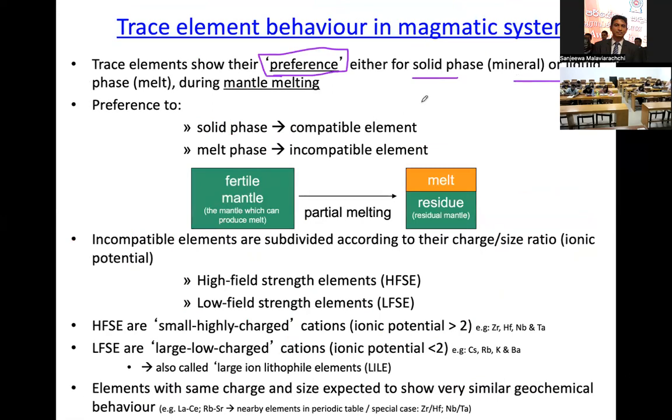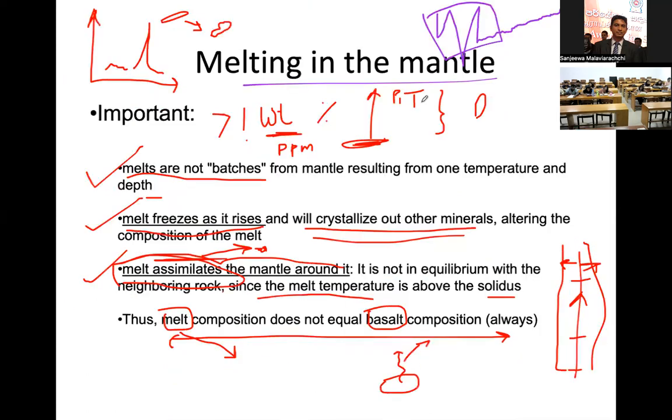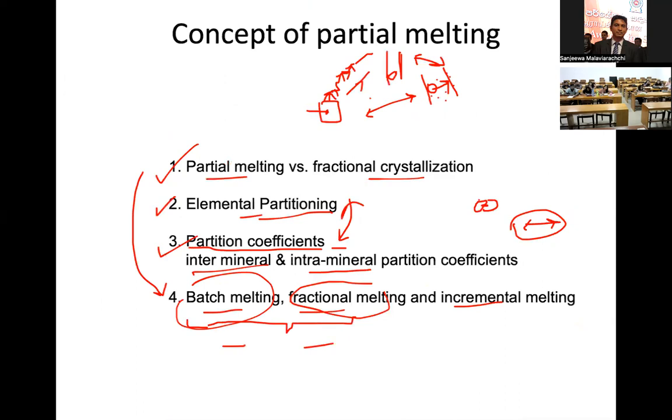Okay, so that preference is very important because I think we talked about some partitioning before. Okay, yeah, elemental partitioning. Here we talked about elemental partitioning. So this partitioning means the element behavior, I mean exchanges between solid and, I'll put L for the melt, liquid, right?